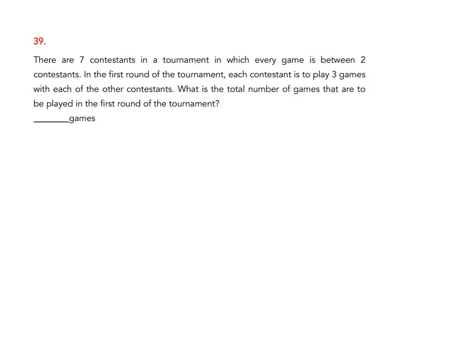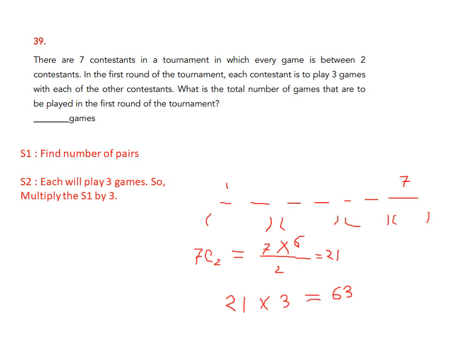What is the total number of games that are to be played in the first round of the tournament? So total players is 7. The competition will be between two. So 7C2 equals 7 multiplied by 6 by 2 equals 21.